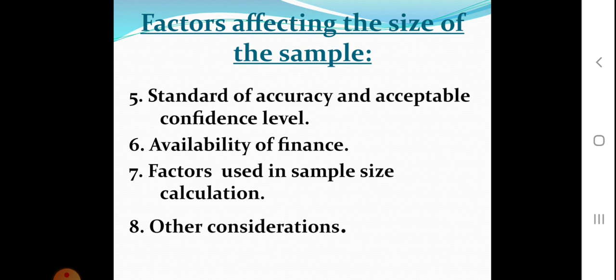The third element used in sample size calculation is sampling variability. Sampling variability is the extent to which the measures of a sample differ from the measure of the population. The variance and standard deviation are the common measures of variability.